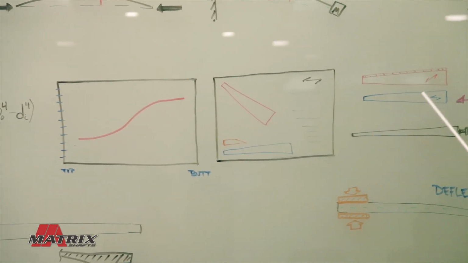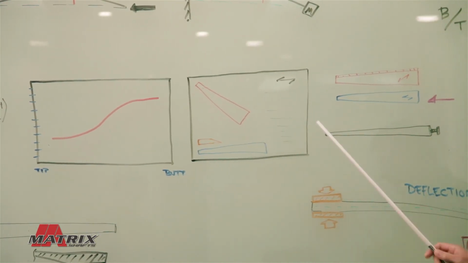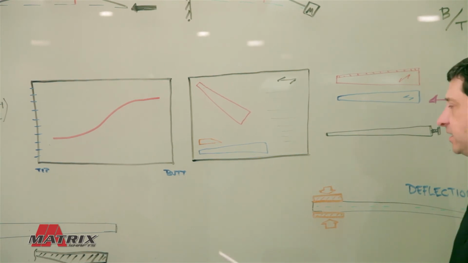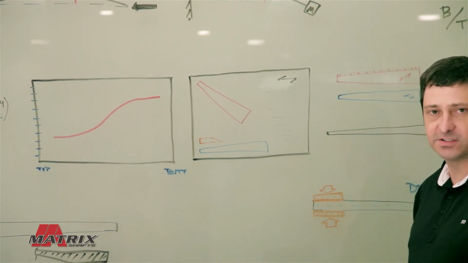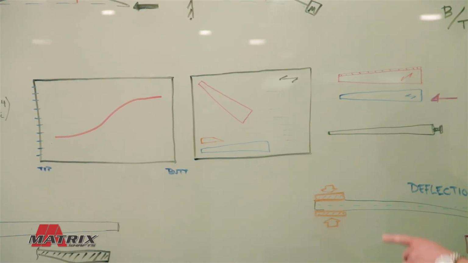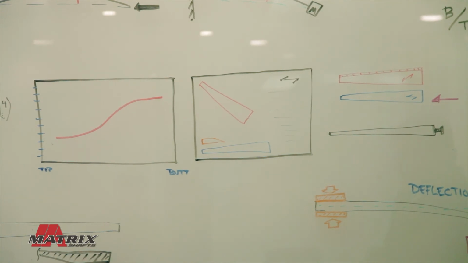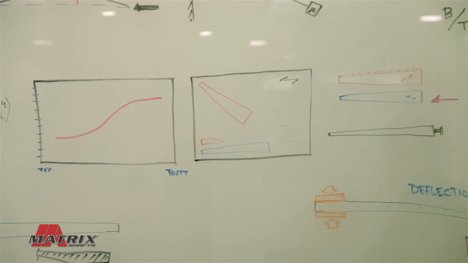Here are some plies that we would use to make a shaft. If we wanted to increase the overall stiffness of this shaft, the easiest way to do it would be just to add more material.